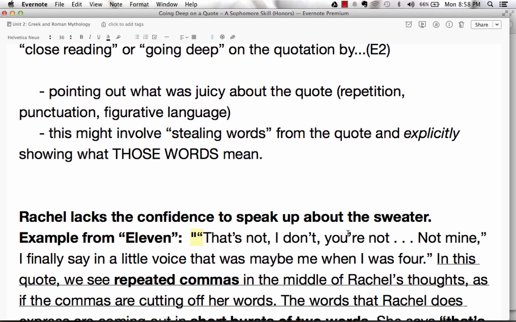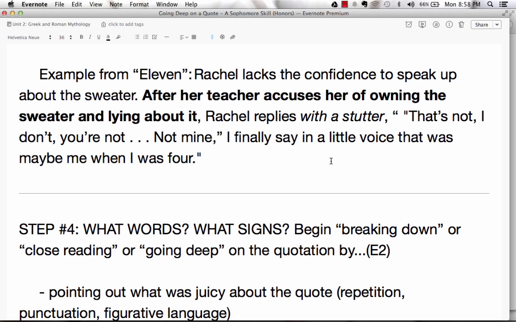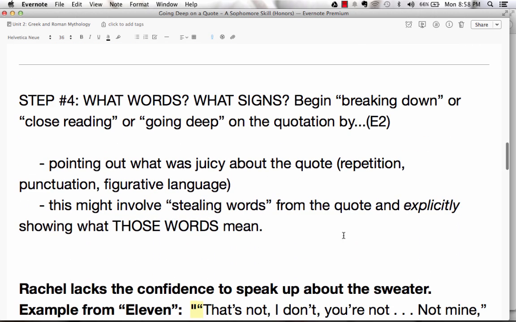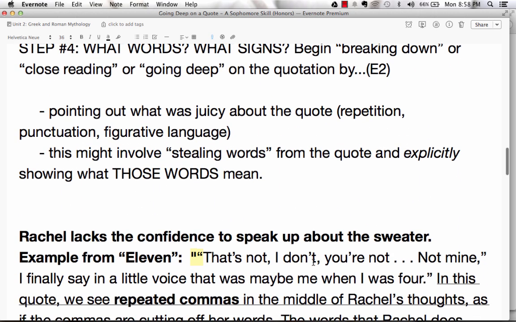So you're just stealing words directly from that quote. So I'm going to maybe steal the words, that's not, I don't. Well, I'm going to use those words in my breakdown just to show the reader, hey, I'm doing a breakdown here. I'm stealing words from the quote.